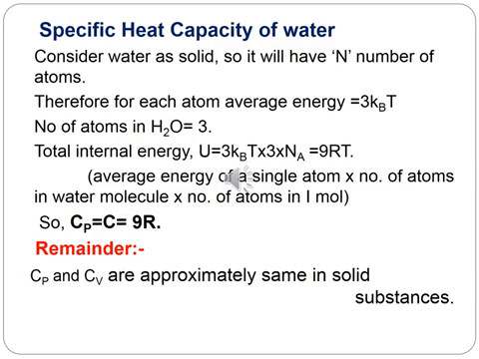So, what should be the total internal energy of 1 mole of water molecules? It is equal to 3 kBT into 3 into Na, which is 9RT. Now, Cp is equal to Cv is equal to 9R.